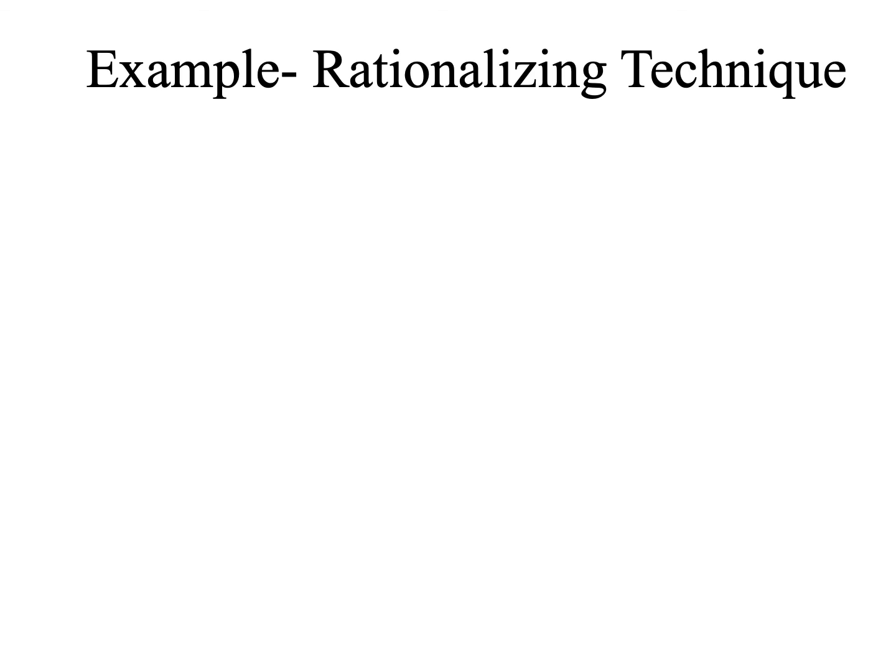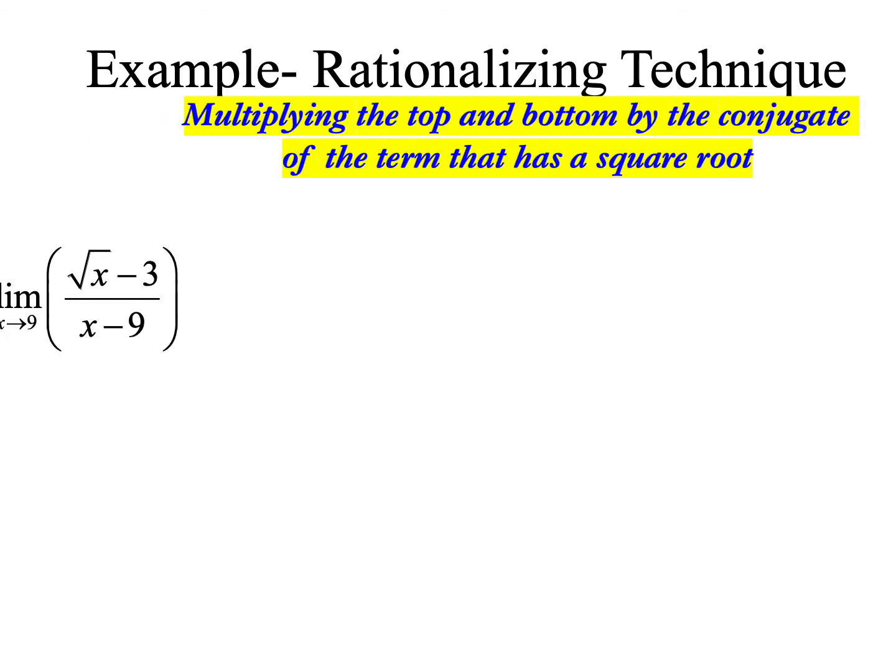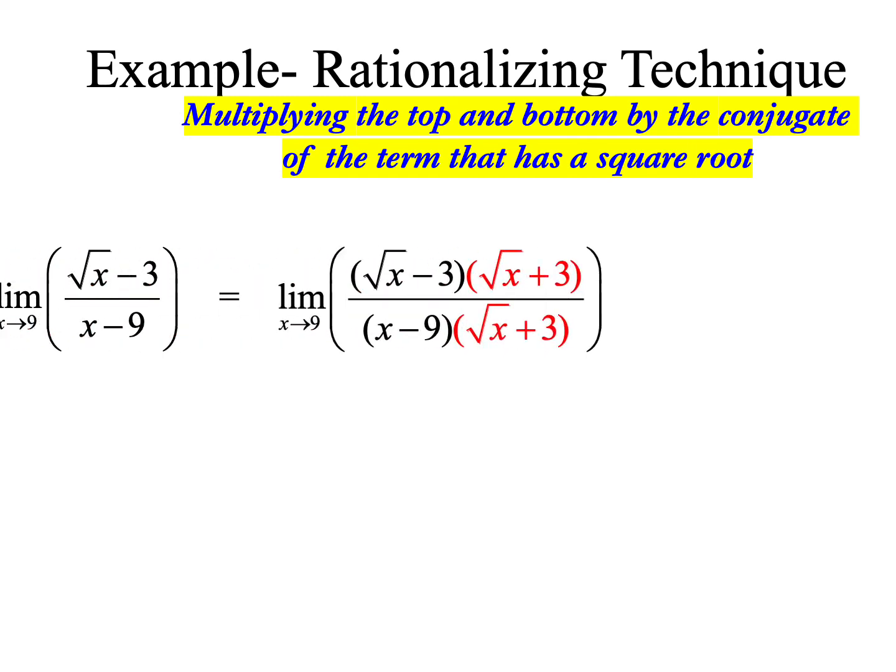One more example to understand this rationalizing. I multiply by the conjugate, and clearly here the conjugate is this one. And we usually need to remember, I don't multiply with the conjugate of x minus 9, no benefit. We need to multiply with the conjugate of only root of x minus 3.